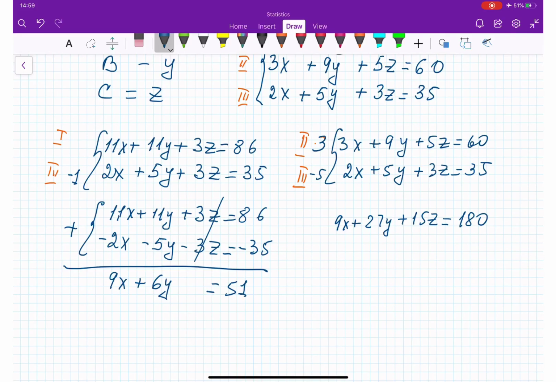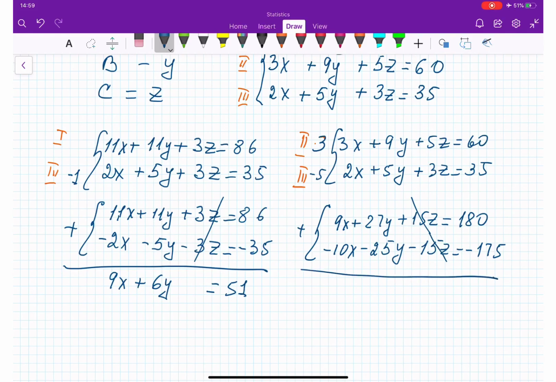Okay, next one, negative 10x minus 25y minus 15z is equal negative 175. When we are adding, see, z is gone. We eliminated z. Y, you will see in a minute. Negative x plus 2y equal 5.